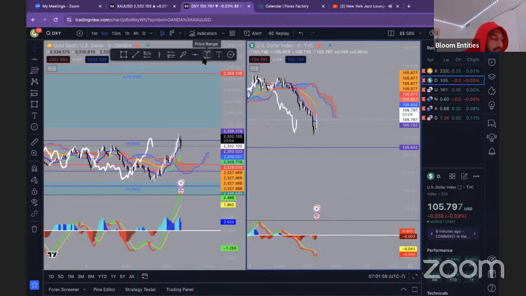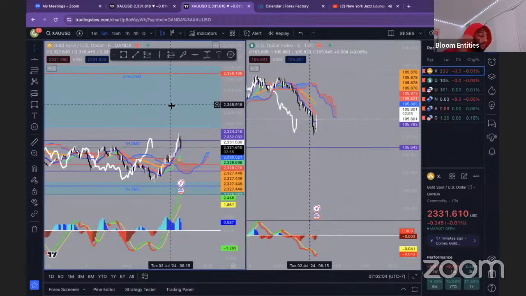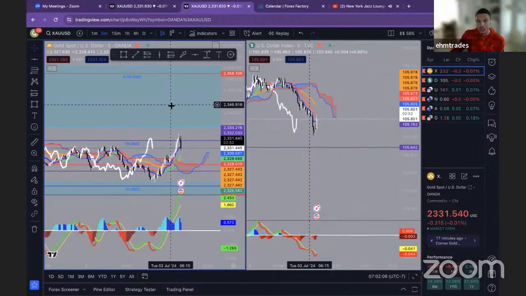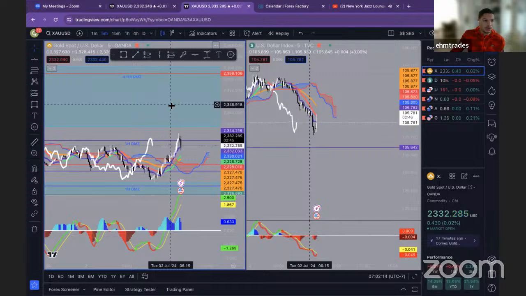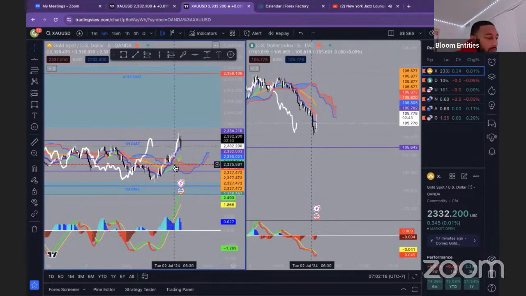I should specify, this is a sell position, a short position on XAU USD. Yeah, I like this position a lot. I'm gonna set my take profit at 23.22.